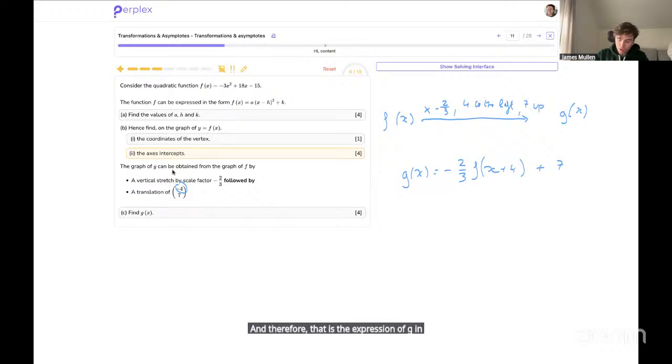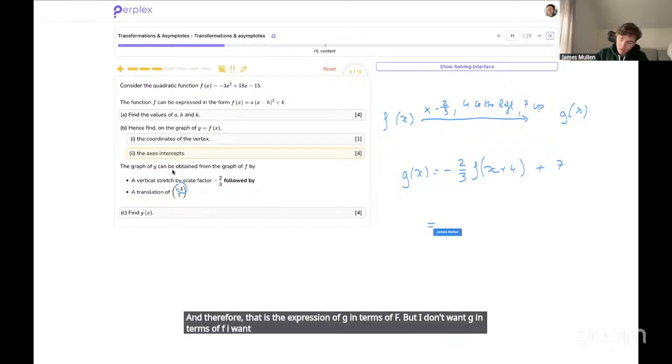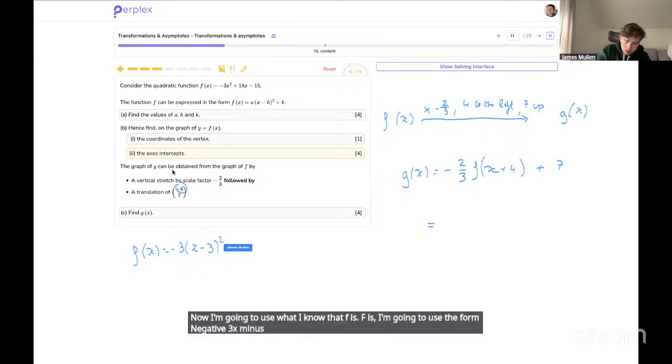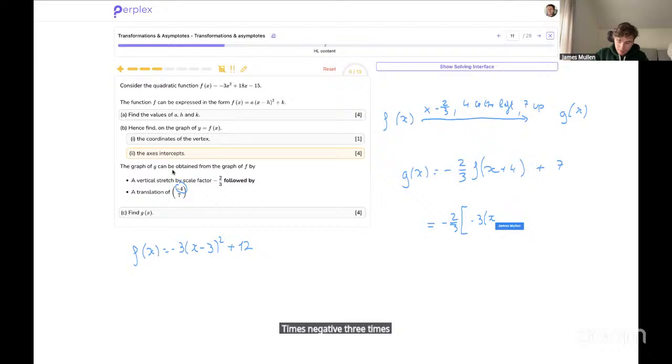But I don't want g in terms of f, I want just g. Now I'm going to use what I know that f is. F is, I'm going to use the form -3(x minus 3) squared plus 12. And if I plug that in, I'm going to get -2/3 times -3, and now I'm going to put in x plus 4 for x.